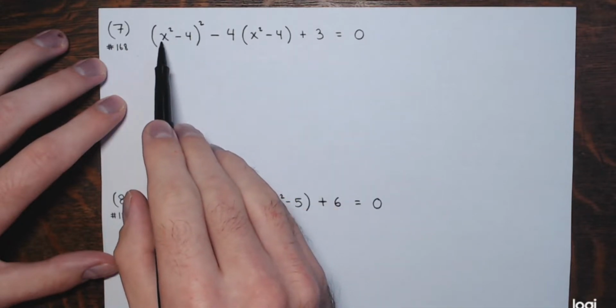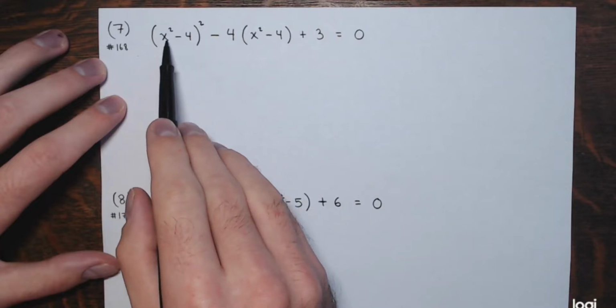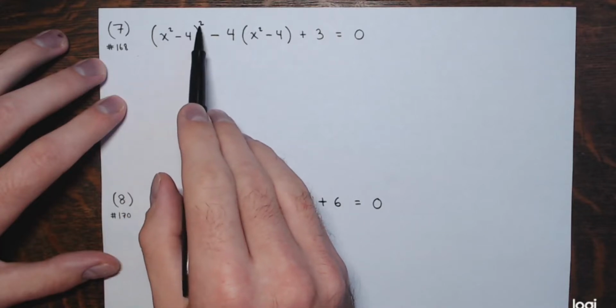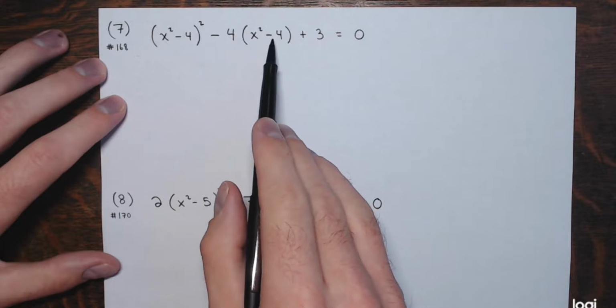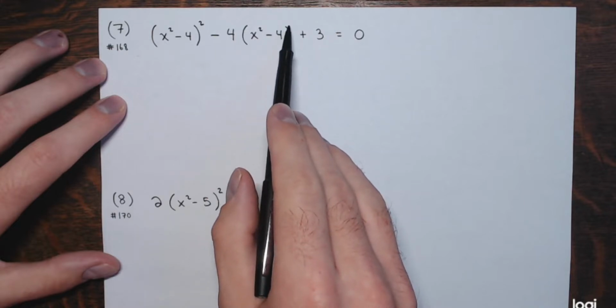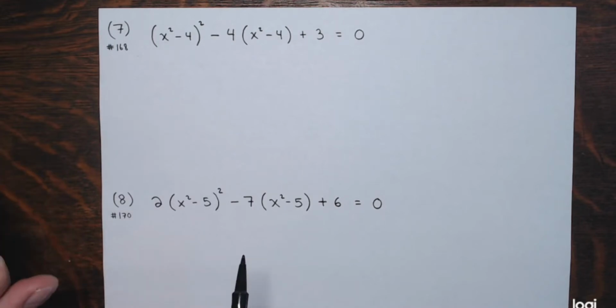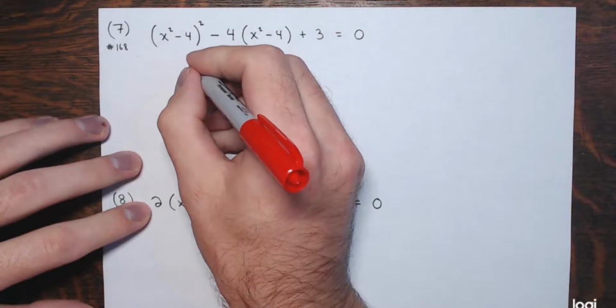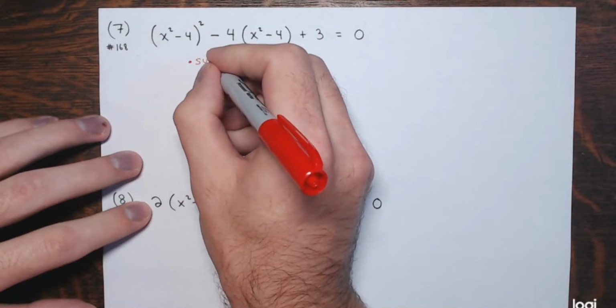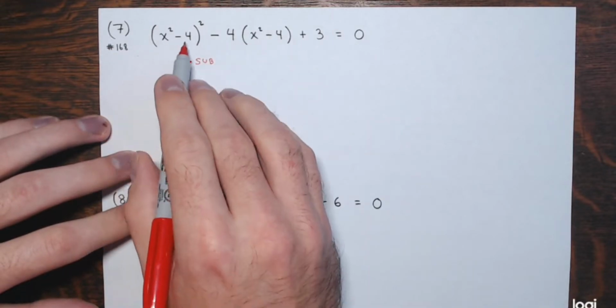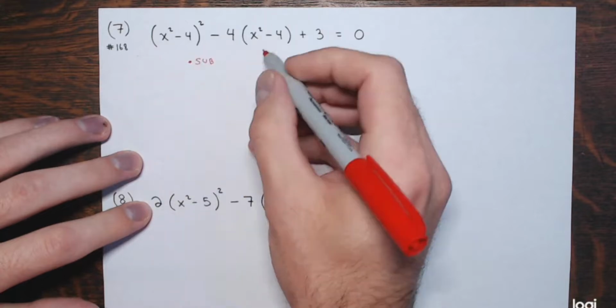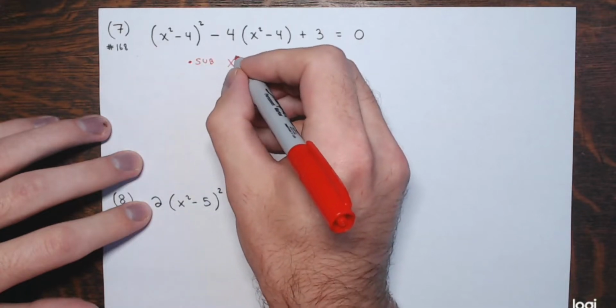This first term has some expression squared, and the next term has that same expression to the first power, and then a constant. So this is definitely in that quadratic form. So now I substitute, and I'm replacing this expression being squared and to the first power here, this x² - 4.